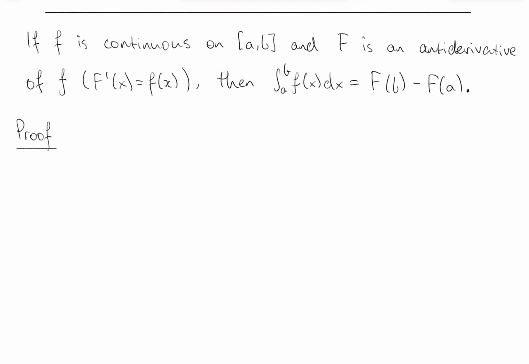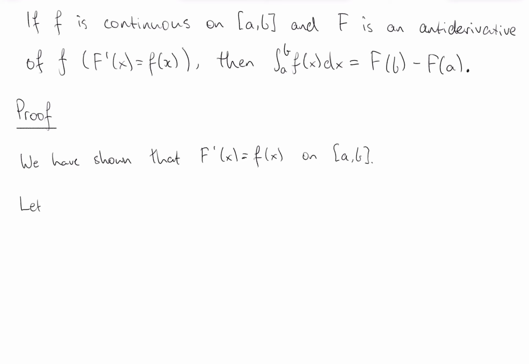So we have shown that F dash of x is f of x on a to b. So what we're going to do is consider our interval from a to b. Let's partition it into little bits.